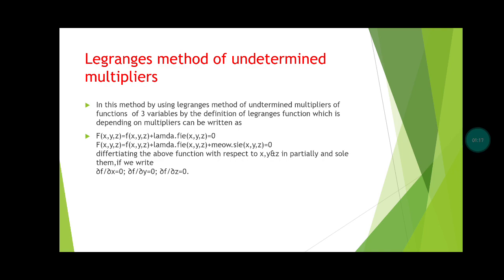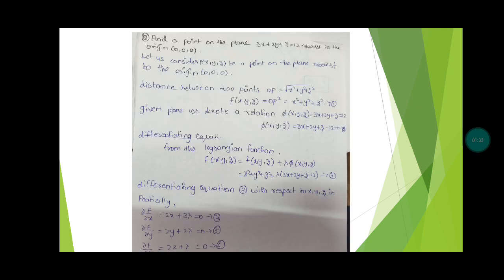Here we have to differentiate the above equation partially with respect to x, y and z and solve them. We write ∂f/∂x = 0, ∂f/∂y = 0, ∂f/∂z = 0.